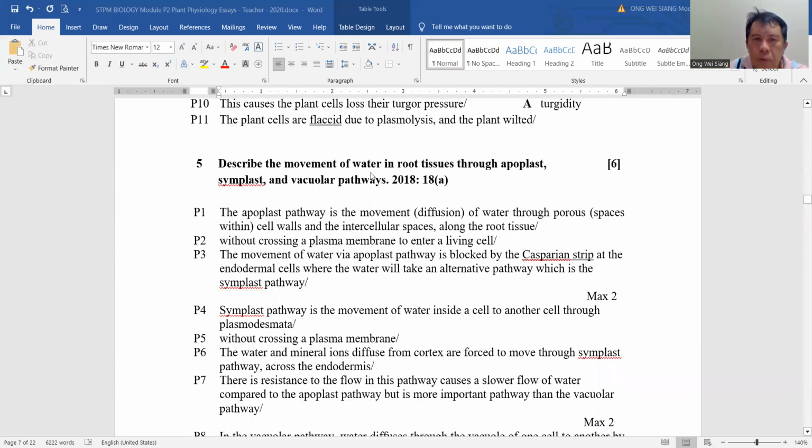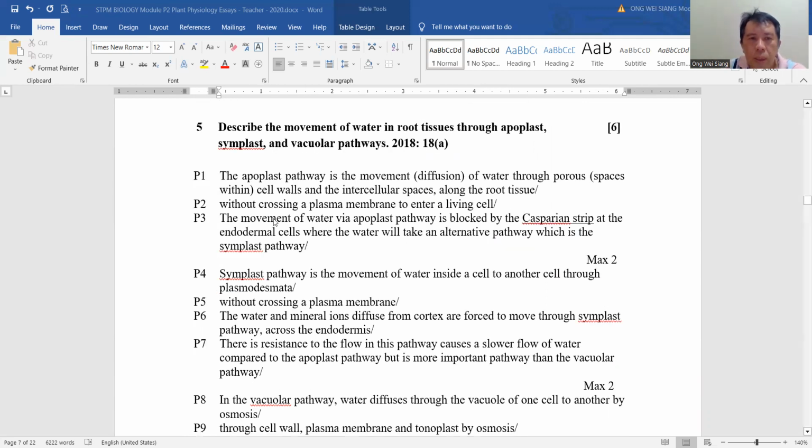Describe the movement of water in root tissue through apoplast, symplast, and the vascular pathway. Here they talk about the root tissue only. Start from the root hair, root epidermis, cortex, then the endodermis, and the root xylem.